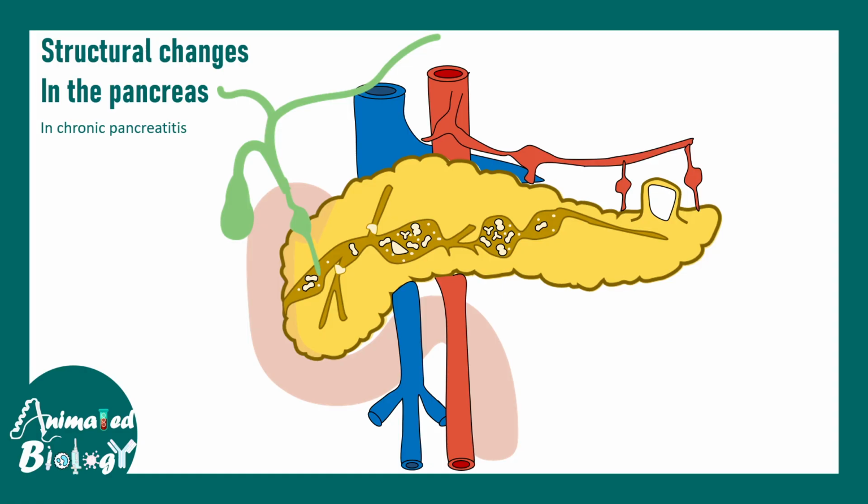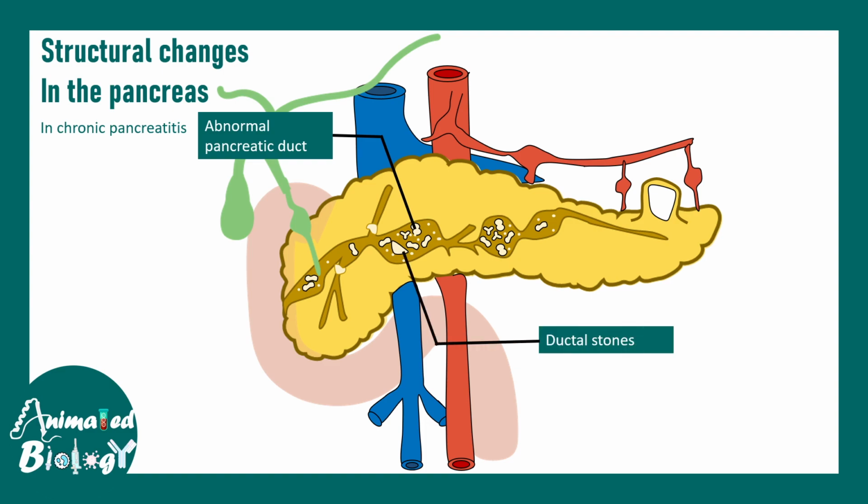Now let's talk about the structural changes that occur in the pancreas in the course of chronic pancreatitis. One of the most common is an abnormal pancreatic duct. One can clearly see these ducts look very swollen and abnormal, and inside those dilated ducts there are stones.